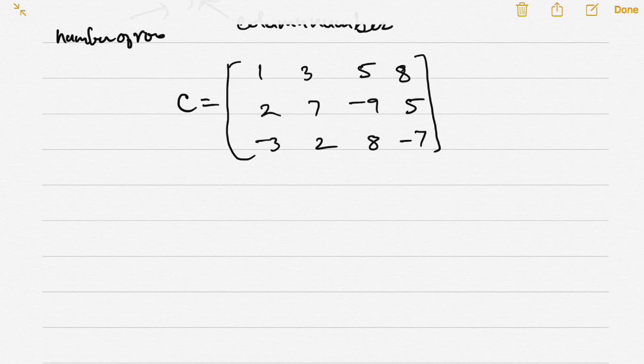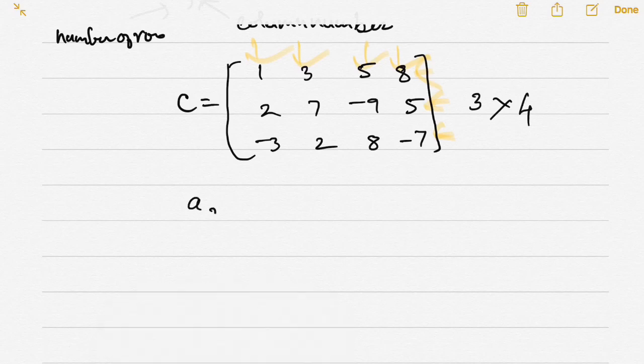Now what is the order of this matrix? It has got 3 rows, 1, 2, 3, and it has got 4 columns, 1, 2, 3 and 4. So the order is 3 by 4.